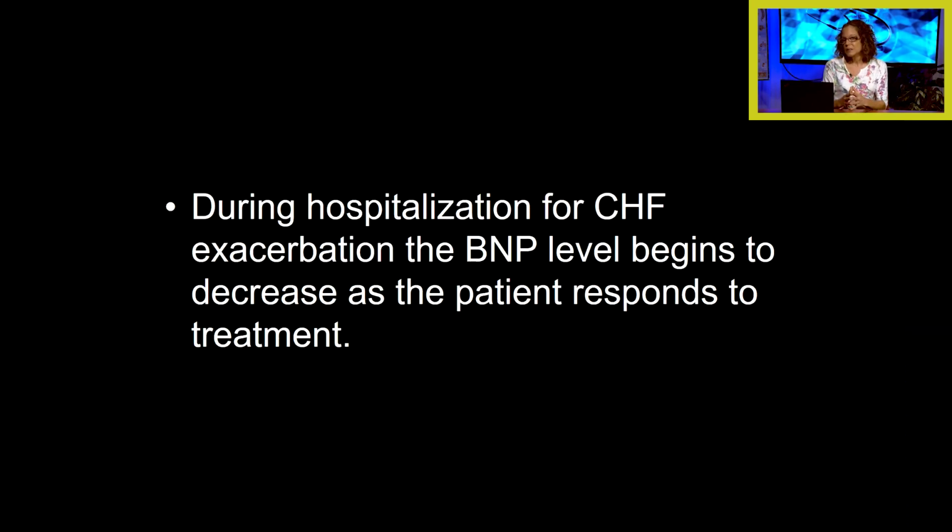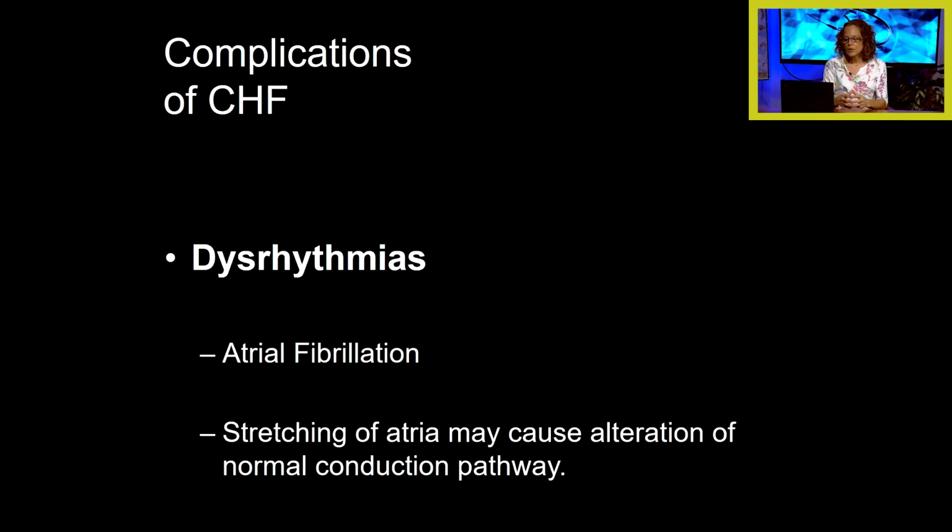So during hospitalizations of CHF exacerbation, the BNP level hopefully will begin to decrease as the patient's responding to the treatments that we're doing to help take some of the stress off of that heart, take some of that fluid off the body, and so on.